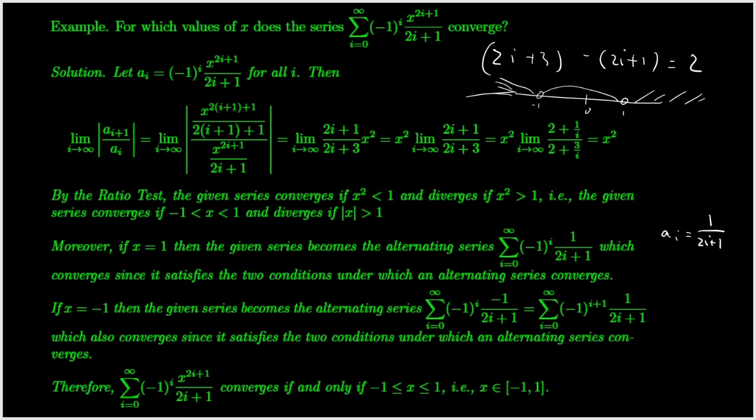I will show you some particular terms. Okay, so now let's say a_0, i starting from 0. So a_0 is determined by the i value of 0. You plug the i value of 0 in here, and a_0 is 1, right?